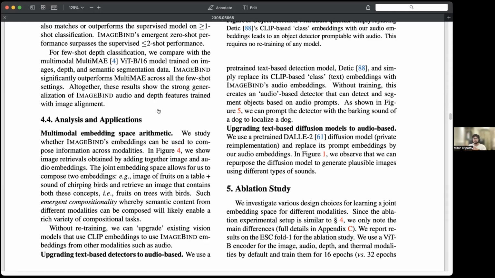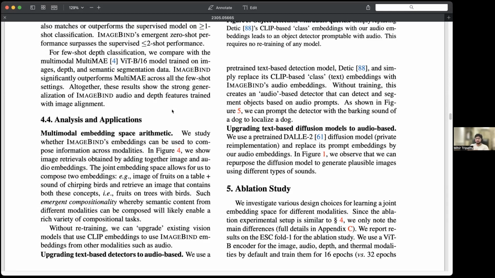So I guess having these aligned embeddings can help us have an easier implementation of these models which are designed to have some other input but can now take in different modalities just because they're aligned using ImageBind. That's where it can be implemented.